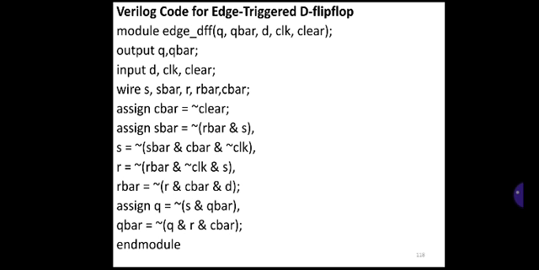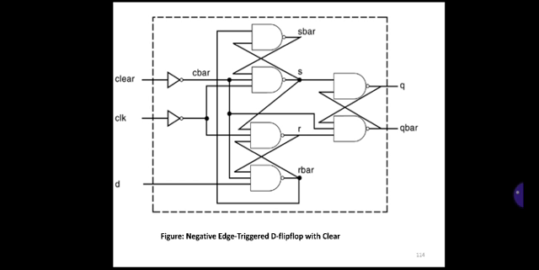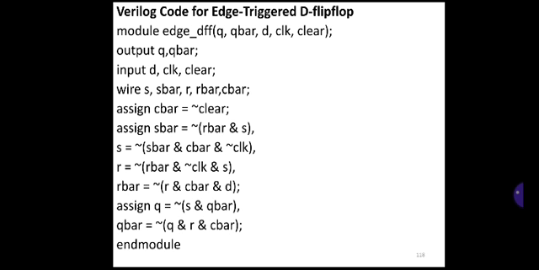Then assign S bar is equal to not of R bar and S. Observe the figure. S bar is a NAND gate. So its inputs are, one is from S, another one is from R bar. Observe the lines for S bar output. So S bar is the output, its inputs are R bar and another one is S. That's why assign S bar.